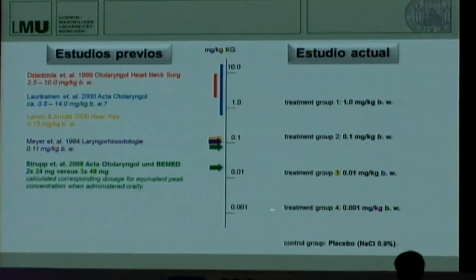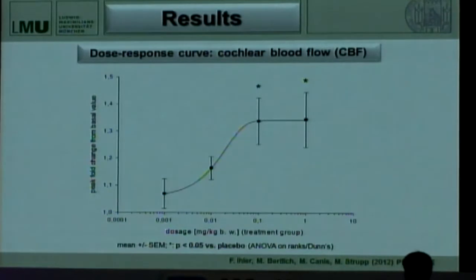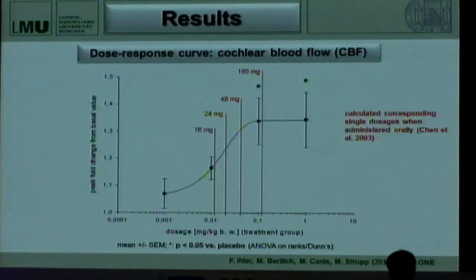Therefore, we went down from a low dosage up to 1 milligram per kilogram body weight in the animal. We used this animal model, fluorescence angiography, and ended up with this dose-response curve. Then we correlated the corresponding single dosages when administered orally.